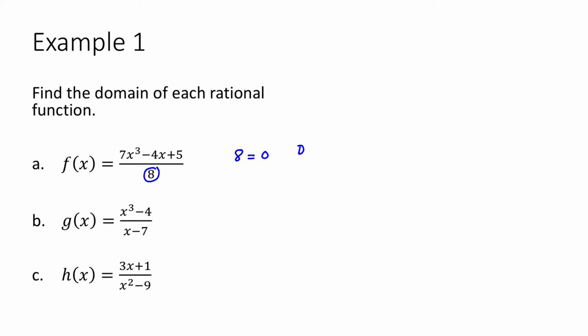So my domain is the set of all real numbers. I can just write that like this. I can also write the symbol for this set of all real numbers, kind of a fancy R. And that's the answer to A.